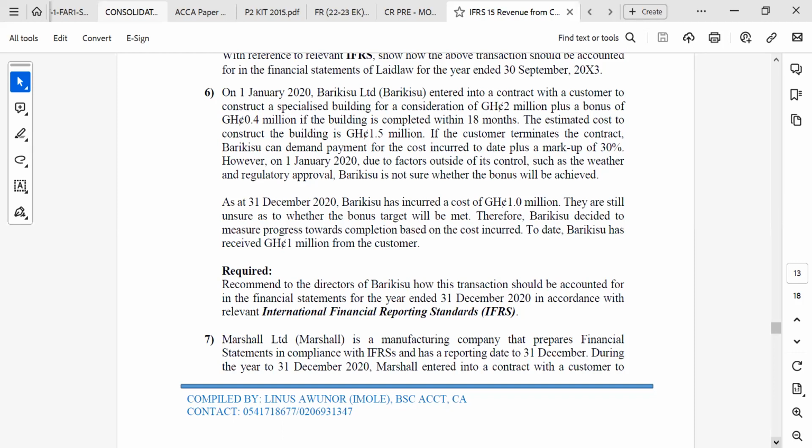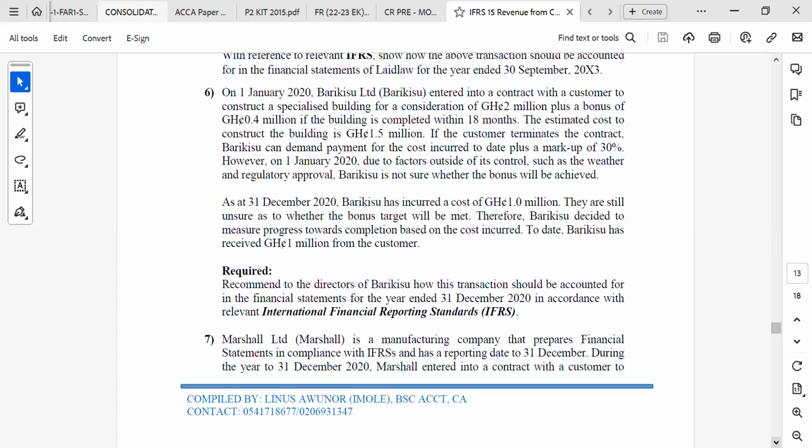The estimated cost to construct the building is 1.5 million. If the customer terminates the contract, Barkisu can demand payment for the cost incurred to date plus a markup of 30%. However, on 1 January 2020, due to factors outside of its control, such as the weather and regulatory approval, Barkisu is not sure whether the bonus will be achieved.